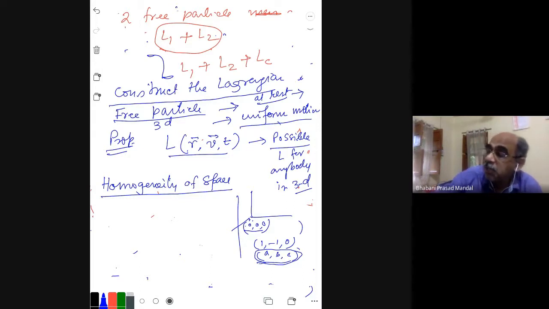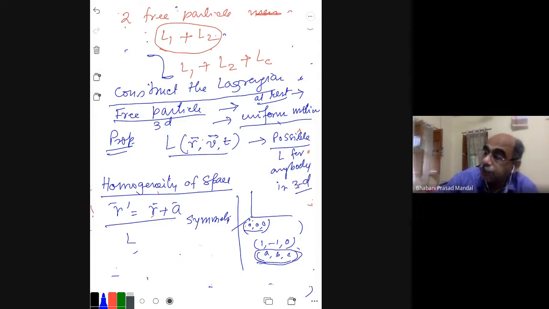So this immediately means that I can make a coordinate shift, r prime going to r plus a. This is my shifting of coordinate. My position vector was r, and let us define a new position vector r prime with respect to shifting. Homogeneity of space means that this will be a symmetry of the system: under this transformation, the Lagrangian will not change.